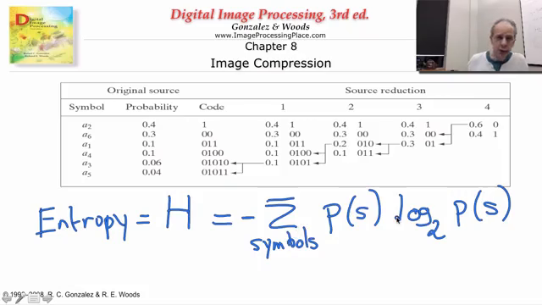It's actually not so hard to understand where this formula comes from. We use a computation similar to the previous example. Here, the probability is the probability of the symbol appearing, and this is the length of the code that is going to be used for that symbol.